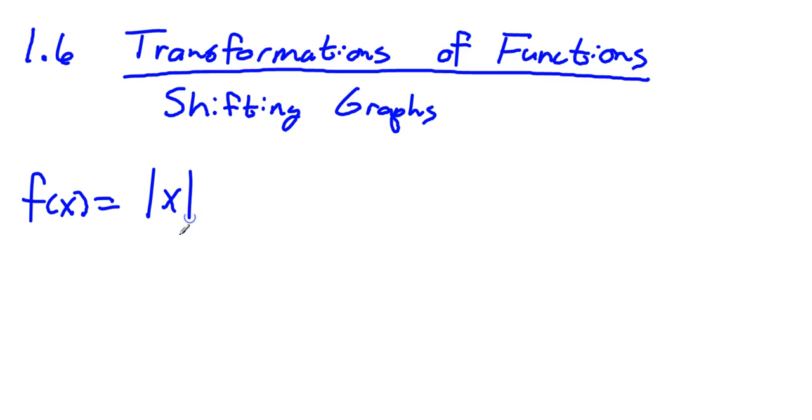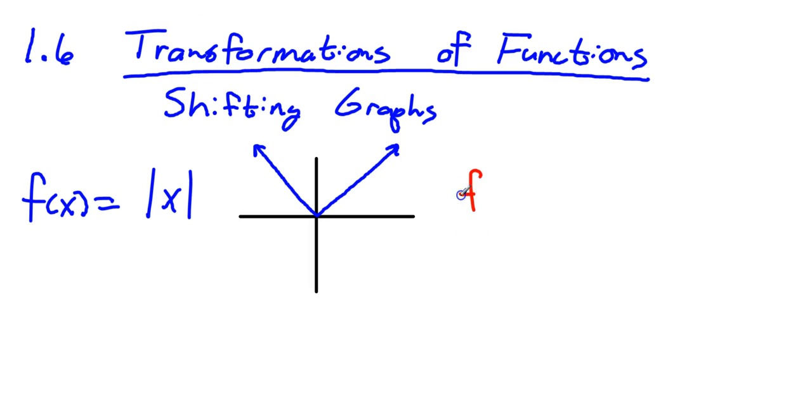If we talk about graphing absolute value of x, the basic shape of absolute value of x is going to be a V-shaped graph. You're also going to do square root of x.